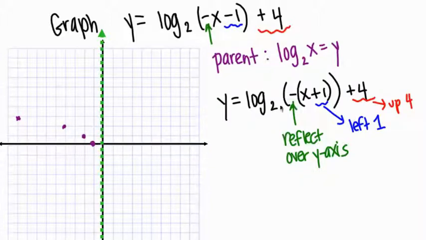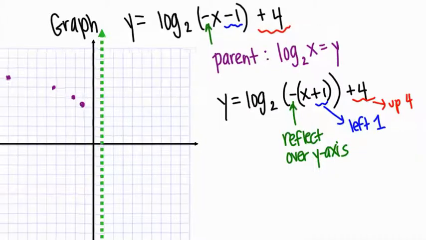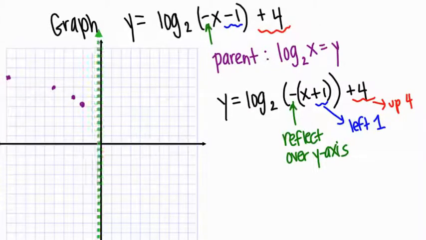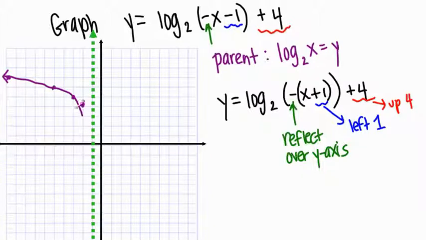Then I'm going to take them and shift them left 1 and up 4. Now when I went left 1, the asymptote, let's grab that asymptote, the asymptote went left 1 as well. And this is what my graph would look like.